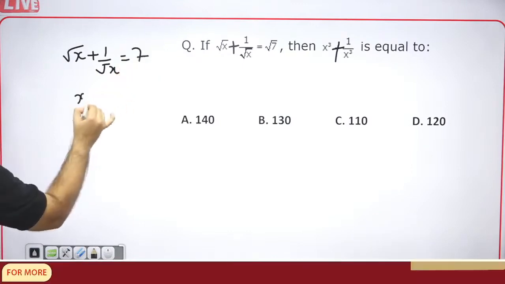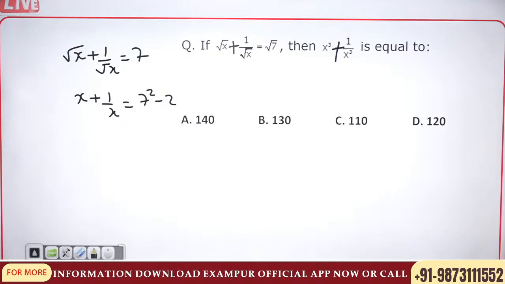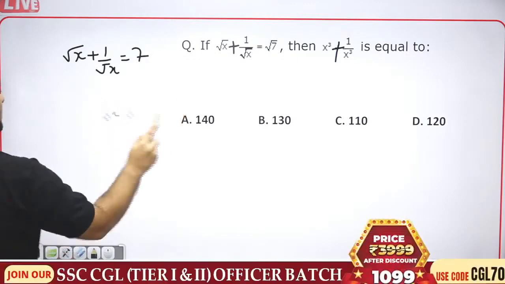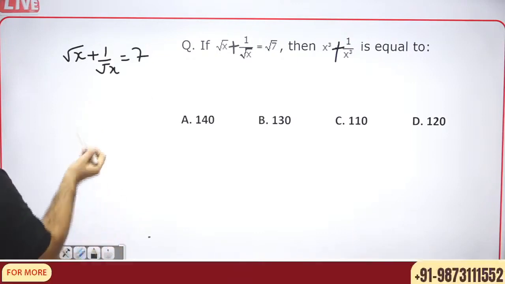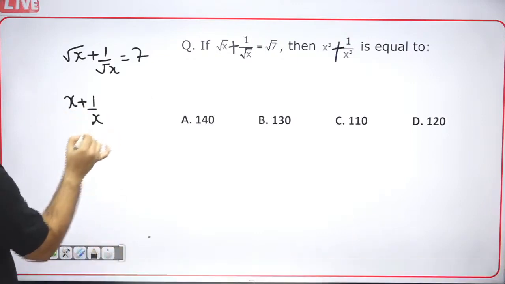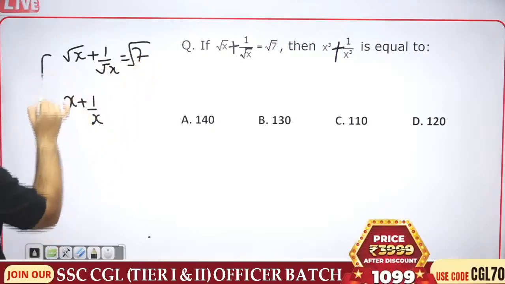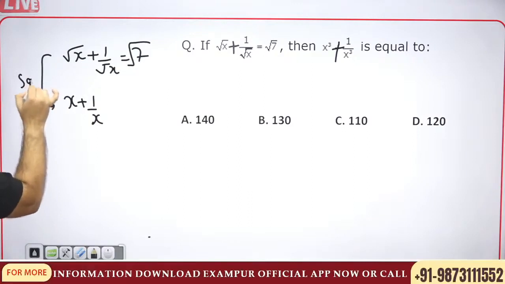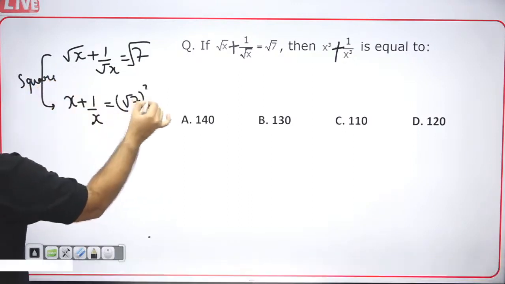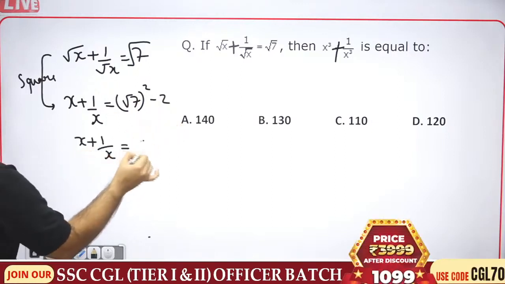Square it once. Root 7 square minus 2. Oh, it's a question of cube. So first square it once. It will become 5.